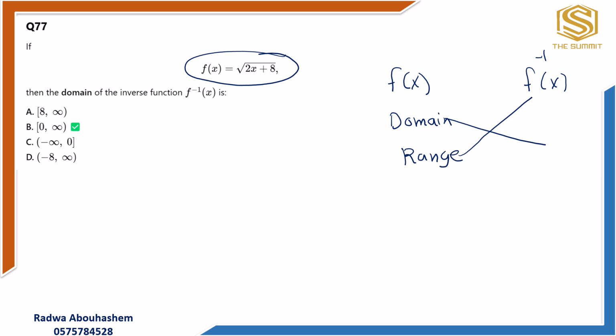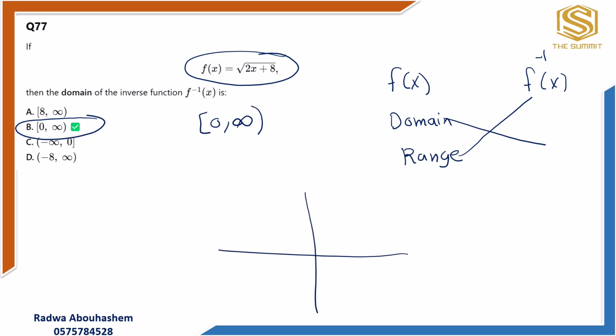Good. So I need to get the range now. The range for any square root function should be greater than or equal to 0. So here is the answer. From 0 to infinity. You remember the square root function? It would be like this, starting from 0 to infinity. Nothing negative.